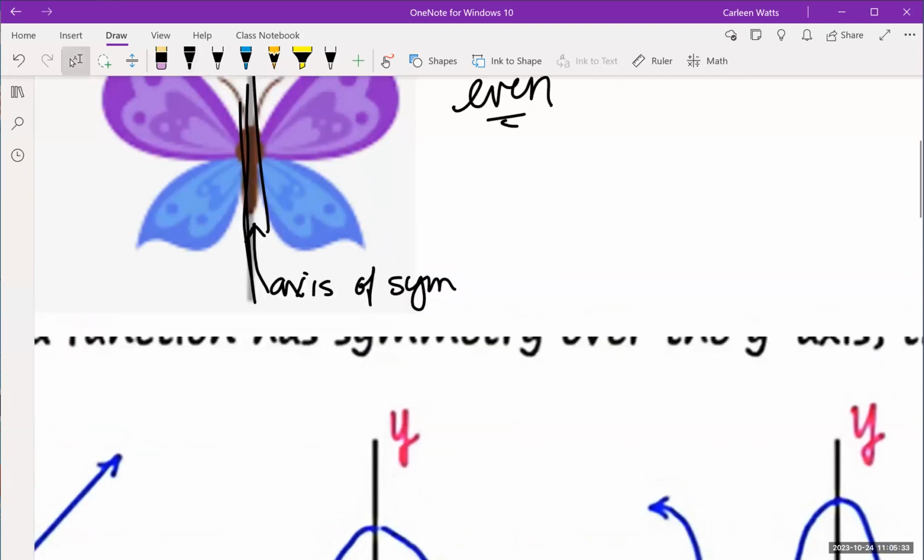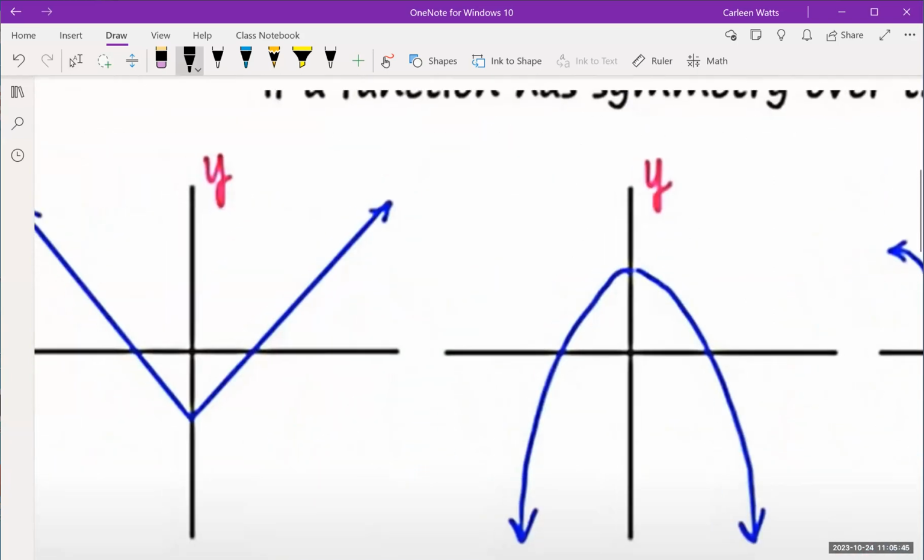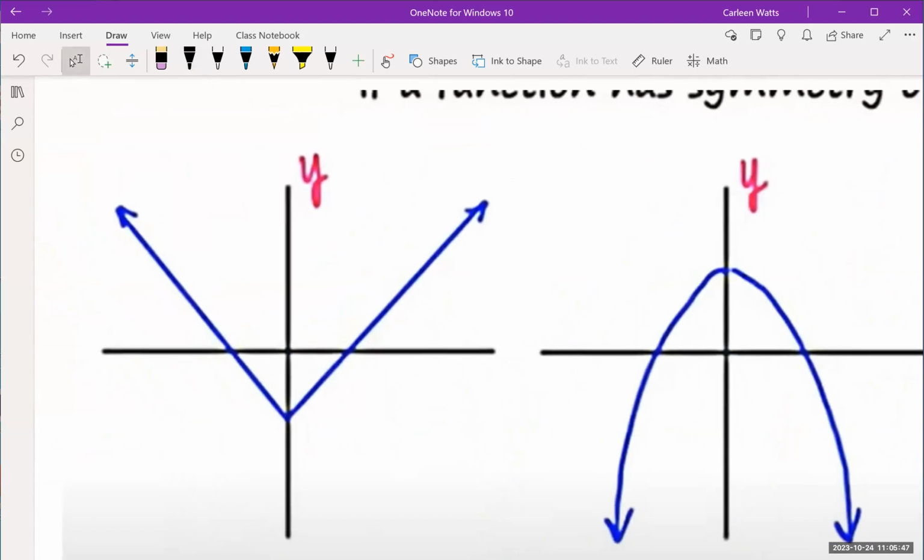Okay, so this butterfly would be an even function. We are looking at them visually. We are not solving them, proving it algebraically. So basically they match. Can you see that this is absolute value? Can you see that this is an even function?